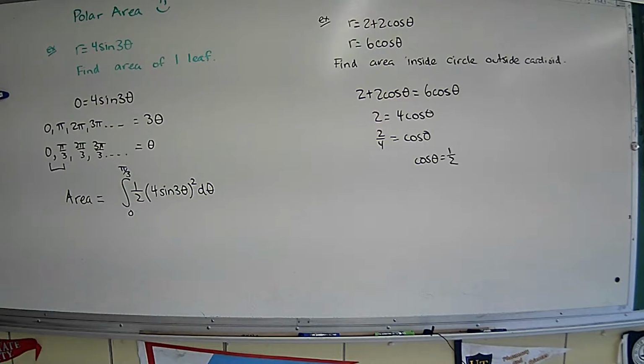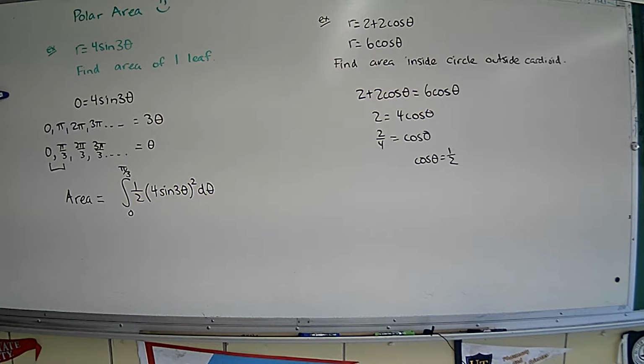And now, friends, you really got to know your trig here. Where is the cosine equal to 1/2? Okay? And you need to know beyond the first quadrant. It's positive 1/2. So what two quadrants is cosine positive in?